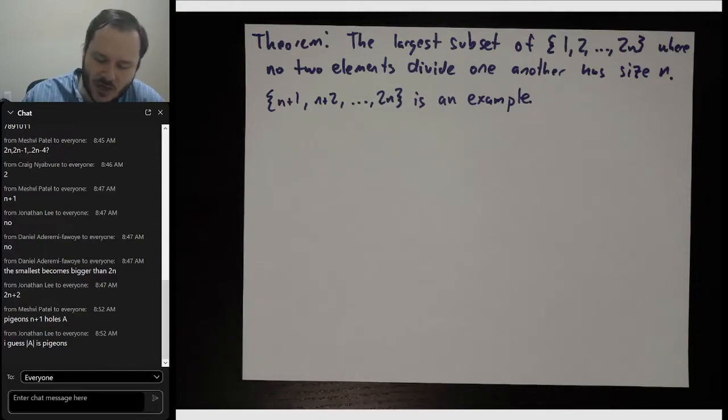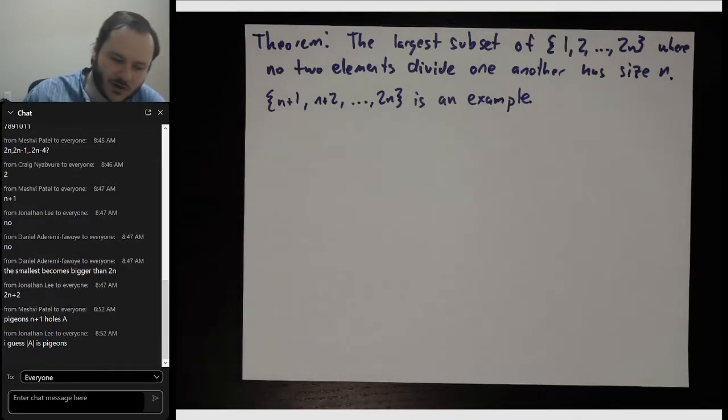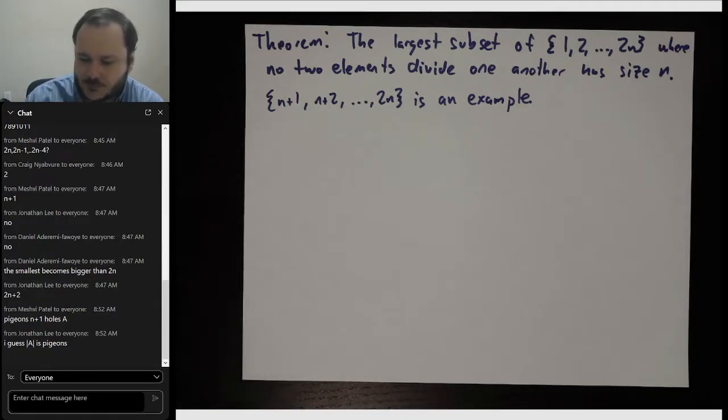But this is how real math problems are solved. You come up with a problem, and you come up with a first pass at it. Our first guess was, oh, look at the primes. And you do some small examples, and you maybe see some patterns, and then you wonder, is this pattern the right answer? And maybe you make a conjecture.